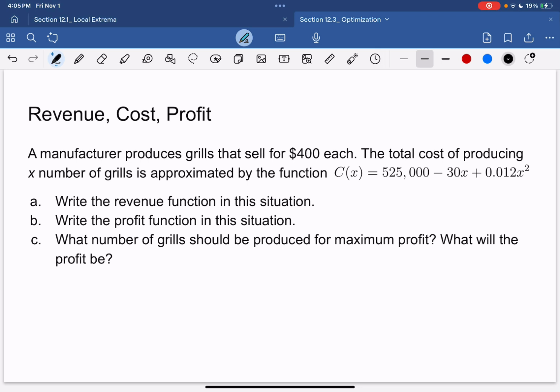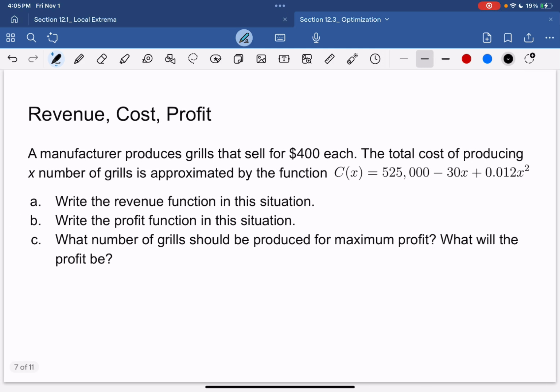Okay, so now I want to apply this optimization to revenue, cost, and profit. So let's say a manufacturer produces grills that sell for $400. Then the total cost of producing this certain number of grills is approximately represented by this cost function.